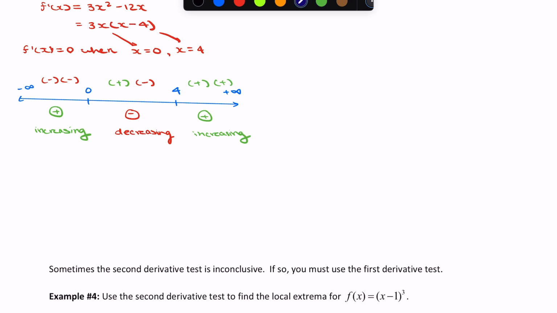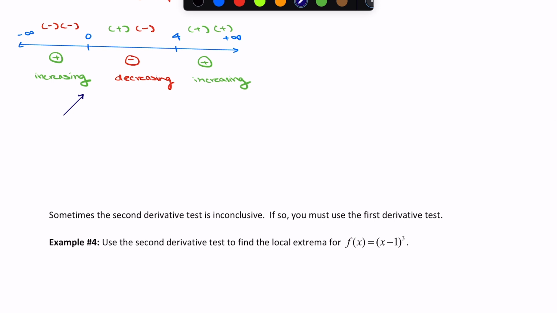So what we can realize here is that there's an increasing and decreasing at 0 and 4. So here there will be a local max at 0.